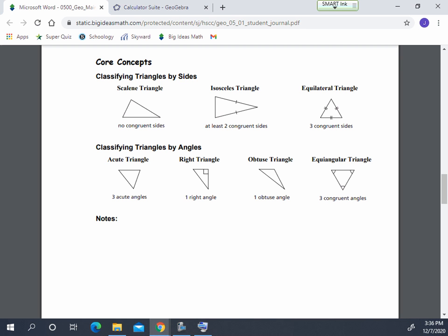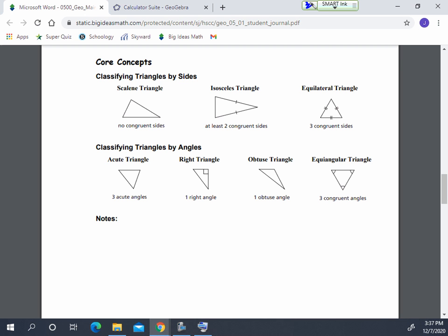When we classify triangles by angles, we have an acute triangle where all three angles in the triangle are less than 90 degrees, right? Acute means less than 90. We have a right triangle where one angle in the triangle is 90 degrees. We have an obtuse triangle. One angle in our triangle is bigger than 90 degrees. And we have an equiangular triangle where all three angles are congruent.